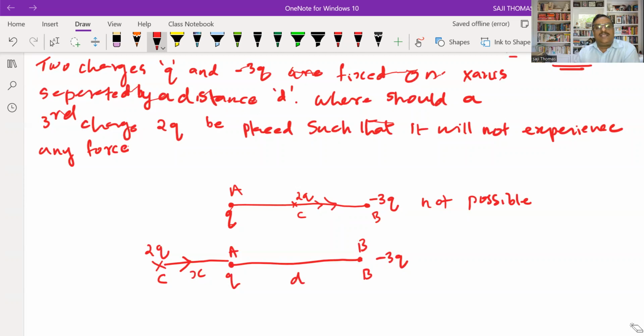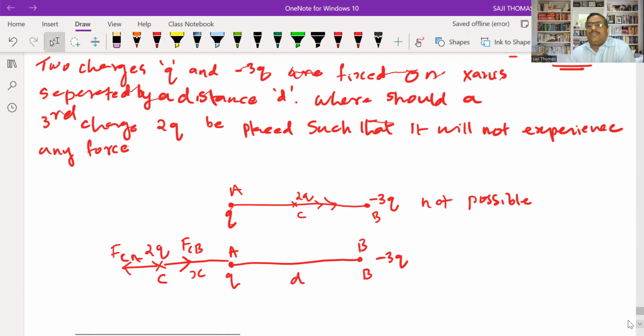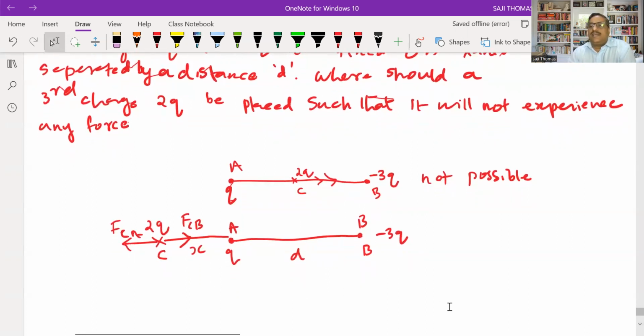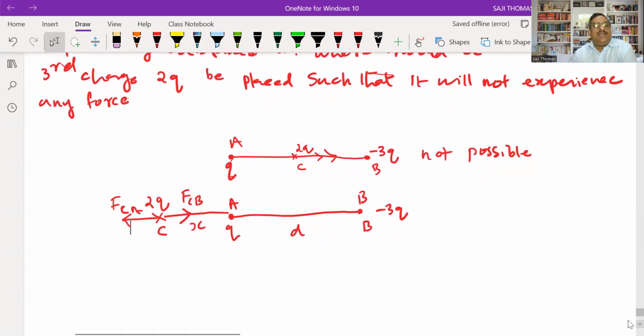That is FCB. And force on 2q due to the charge at A will be in this direction. So they are in opposite directions, and net force can be 0 at this point.